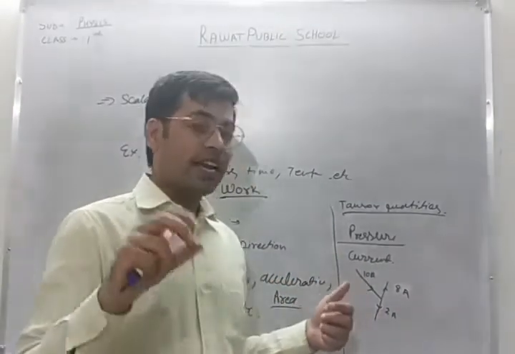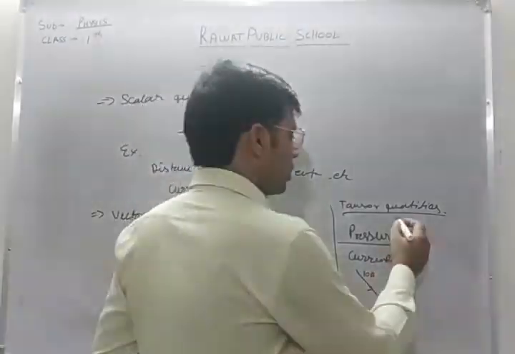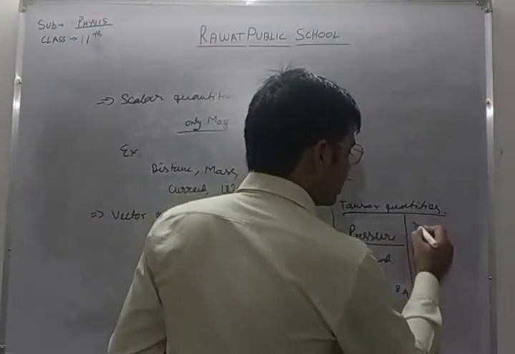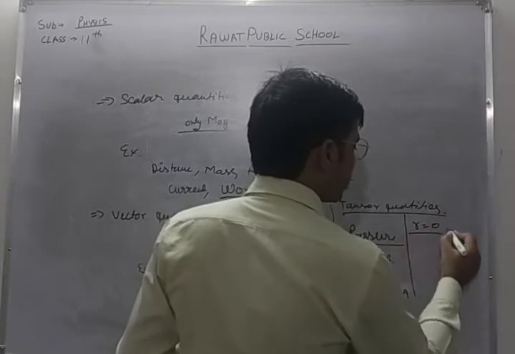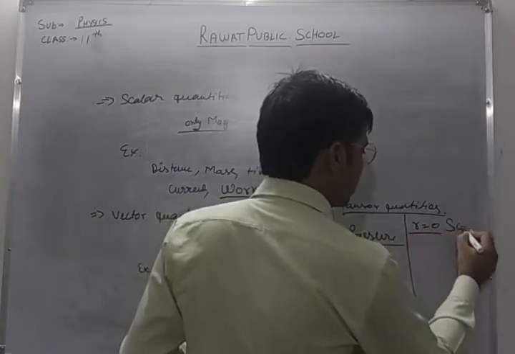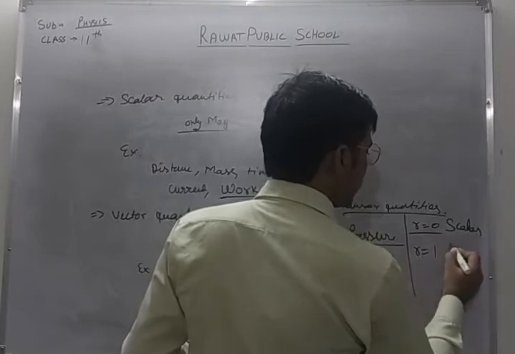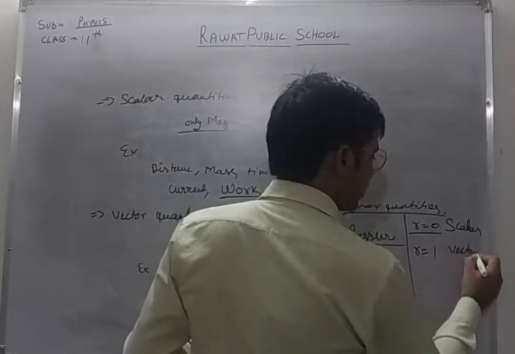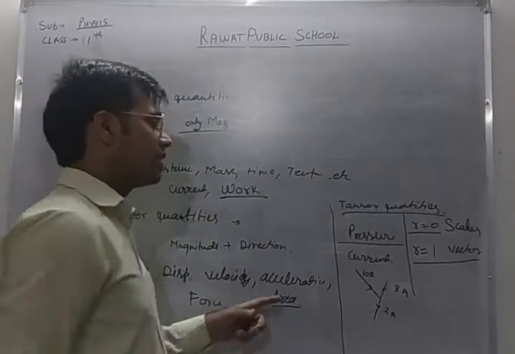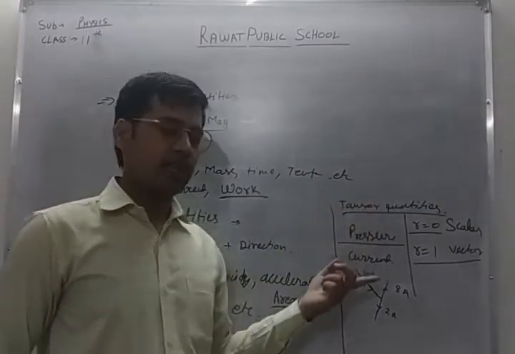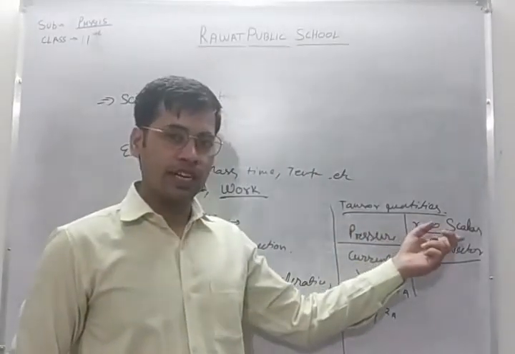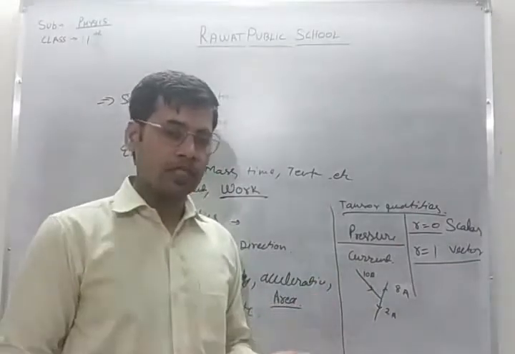Okay, rank 0 only, because for tensor quantities, if their rank is 0, then they come in the category of scalar. If the rank is 1, then they come in the category of vector. I hope it is clear for tensor quantities. If the rank is 0, we can call them scalar.